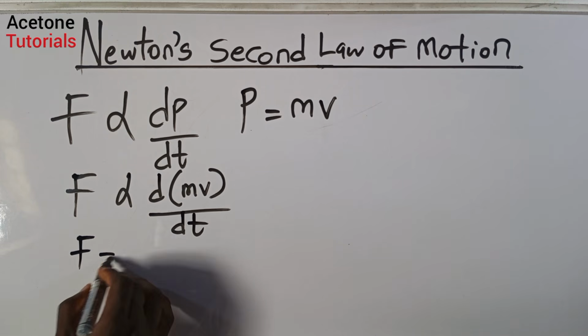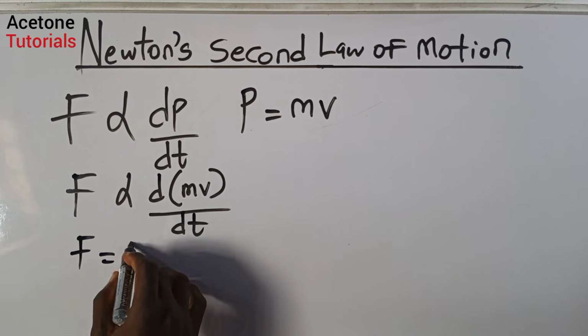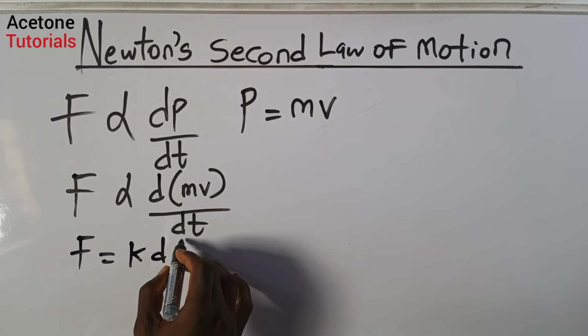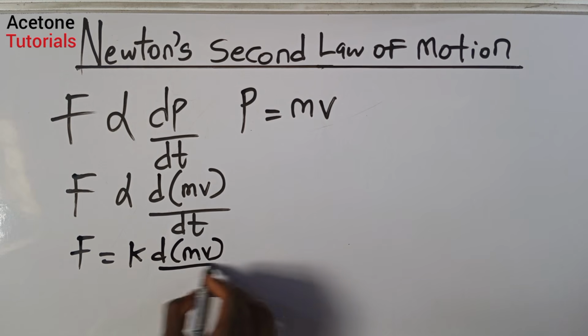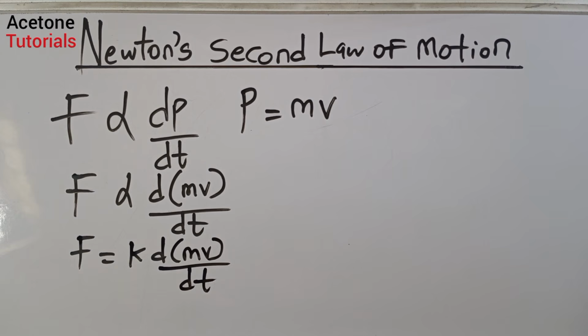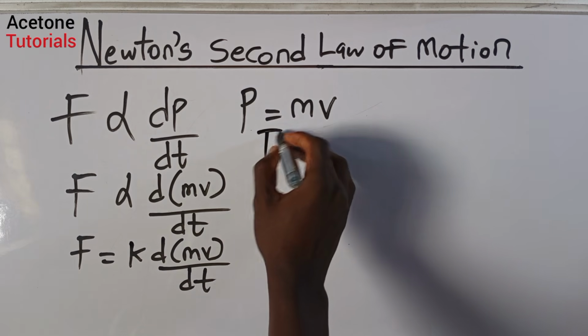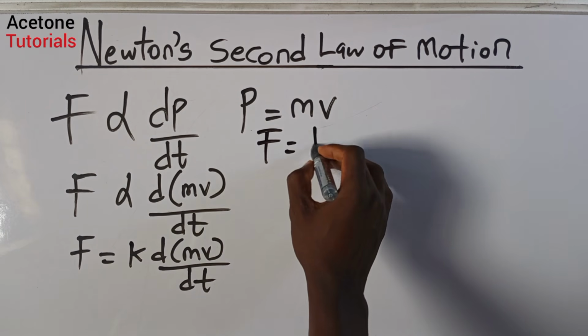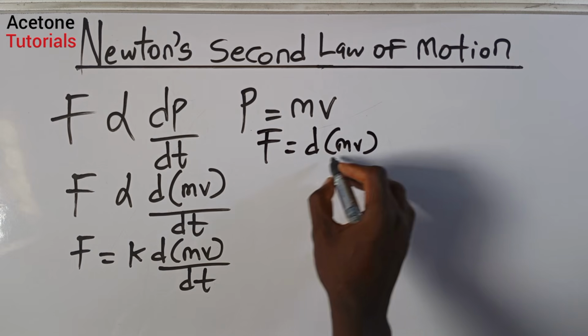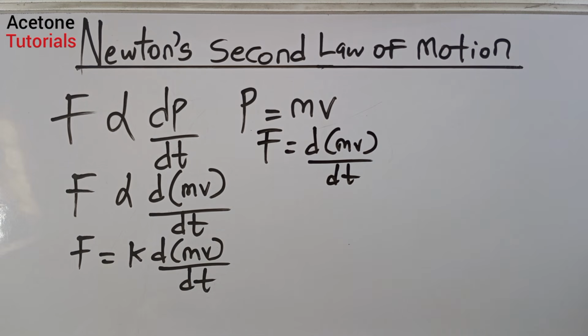Now, F equals the proportionality constant K multiplied by the rate of change of momentum. The value of K was found to be equal to 1. So we have F equals d(mv) over dt. m is the mass, v is the velocity.